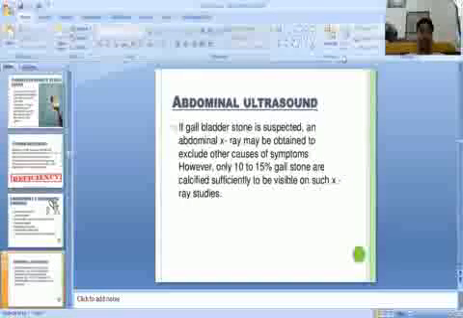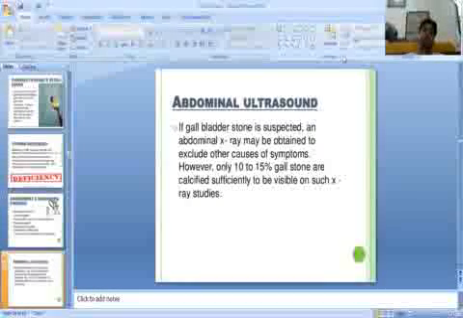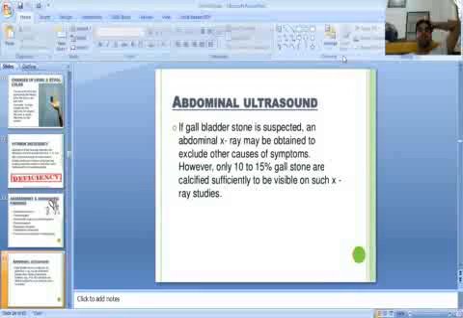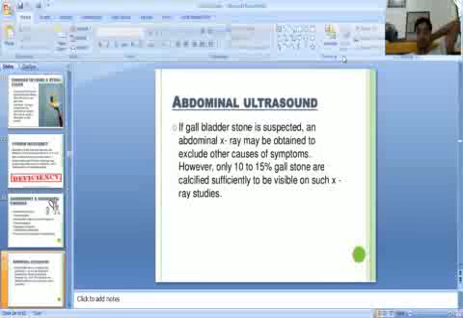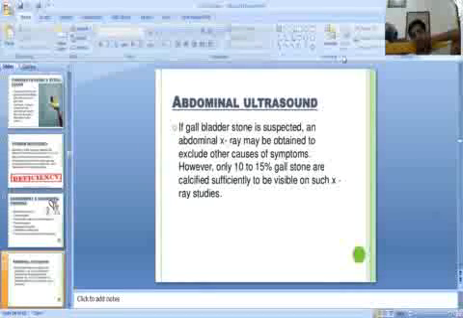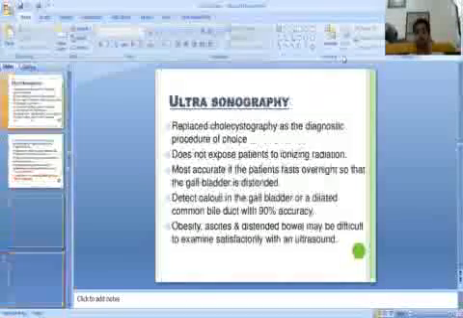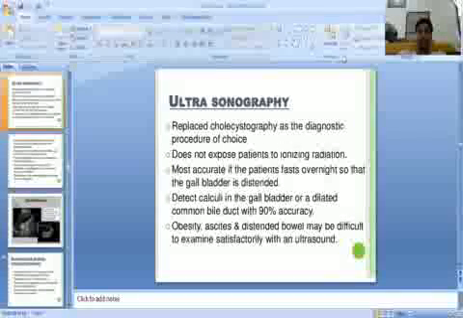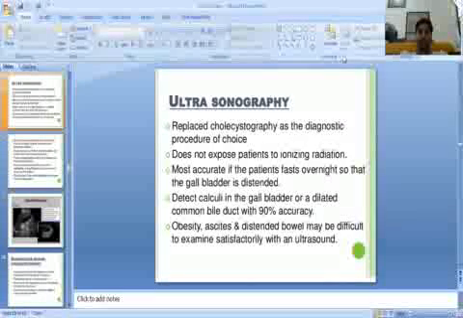Abdominal X-ray. If gallbladder stone is suspected, an abdominal X-ray may be obtained to exclude other causes of symptoms. However, only 10 to 15 percent of gallstones are calcified sufficiently to be visible on such X-ray studies. Ultrasonography has replaced cholecystography as the diagnostic procedure of choice.